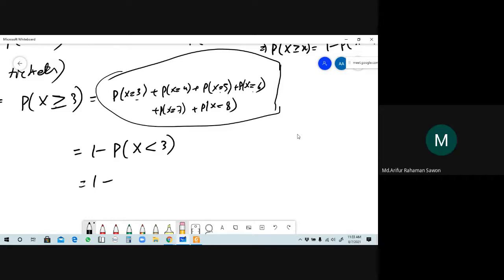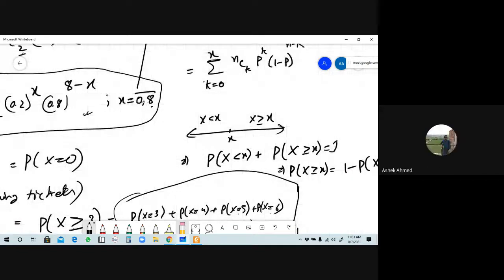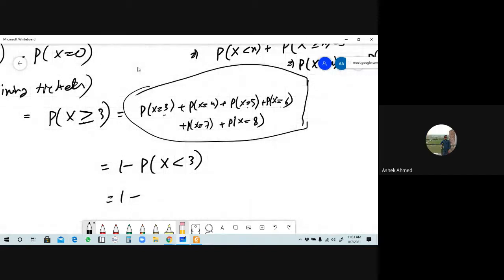What do you mean by 0, 1, 2? Is 0 included? Sir, yes, 0, 1, 2. So we have the sum of the probability of x equals 0, 1 and 2. So this is 1 minus probability of x equals 0, minus probability of x equals 1, and minus probability of x equals 2 here.